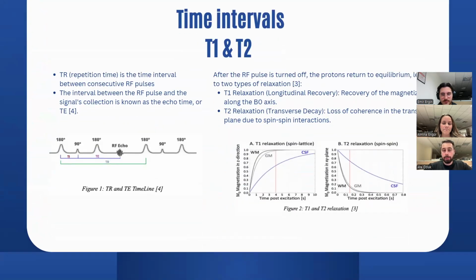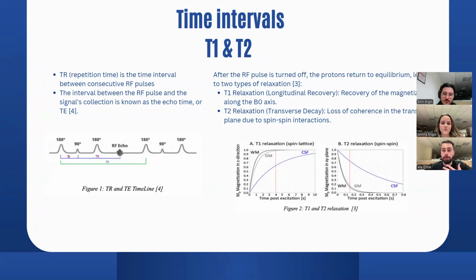What are the time intervals T1 and T2? As we know, TR, the repetition time, is the time interval between consecutive RF pulses. The interval between the RF pulse and the signal collection is known as the echo time, which is TE. After the RF pulse is turned off, the protons return to the equilibrium point, leading to two types of relaxation.